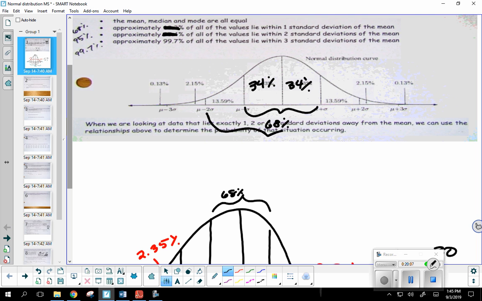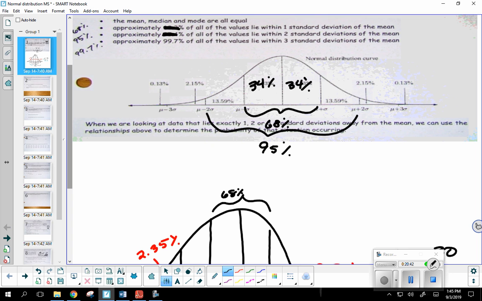Within 2 standard deviations, that's supposed to be 95% of the data. Okay, so now we've already accounted for 68% of it, right? So what's the difference between 95 and 68? Okay, so 95 minus 68, 27. Now, these 4 areas should add to 95%, but remember it's symmetrical.